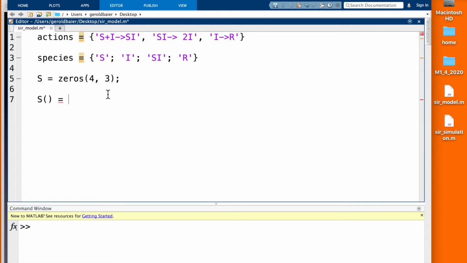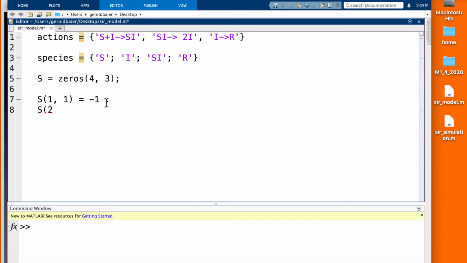So the stoichiometry matrix shows what are the net changes in every reaction for every species. So let's fill in for the first reaction what happens to the first species in the first reaction. That's the element 1,1. So the first species is susceptible people, and we can see susceptible meet infected and form a pair. So the number of susceptible people will go down by 1.